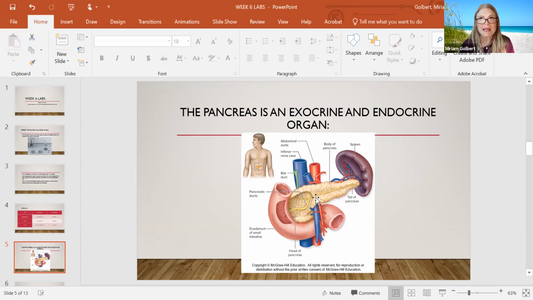So if you think about a salivary gland, it's an exocrine gland because it has ducts that secrete saliva into the oral cavity. The pancreatic ducts secrete pancreatic juice into the first portion of the small intestine, which is the duodenum. So that's the exocrine portion of this organ.